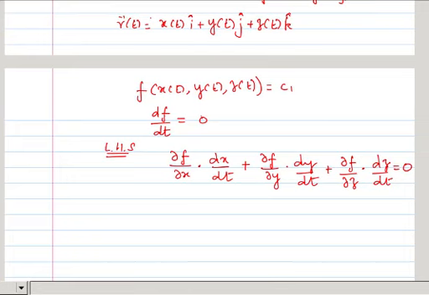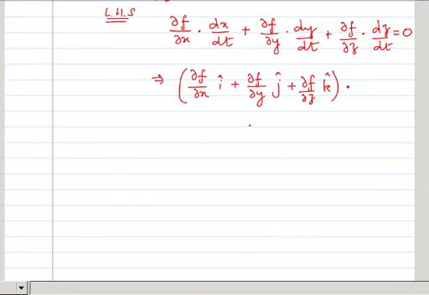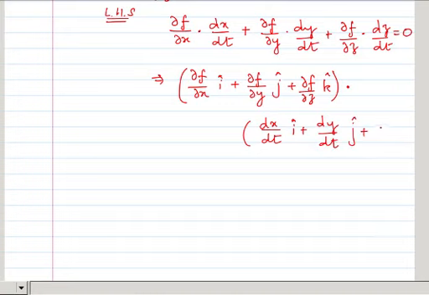I can rewrite this as the dot product of dou f by dou x i cap plus dou f by dou y j cap plus dou f by dou z k cap with dx by dt i cap plus dy by dt j cap plus dz by dt k cap, equal to 0.